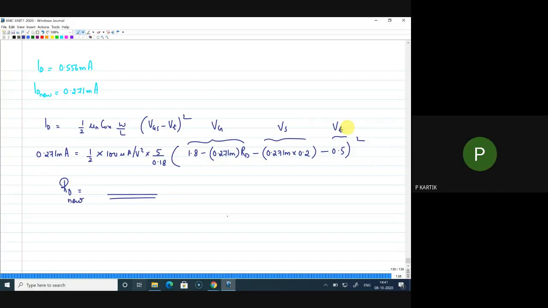You would have missed that term. So you have to take that VDS drop also. VDS drop is the same as VGS in this case. Okay, got it. While writing VGS again, you have to write VGS as 1.8 minus 0.271 milli into RD only.